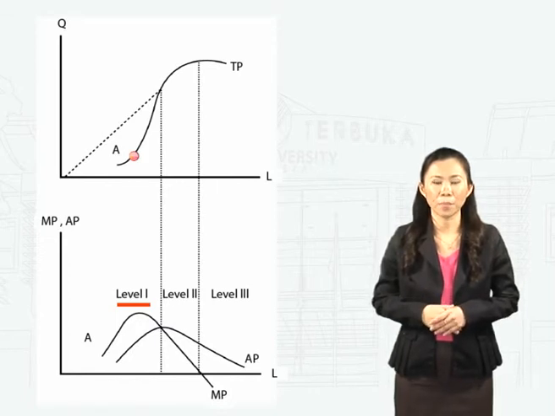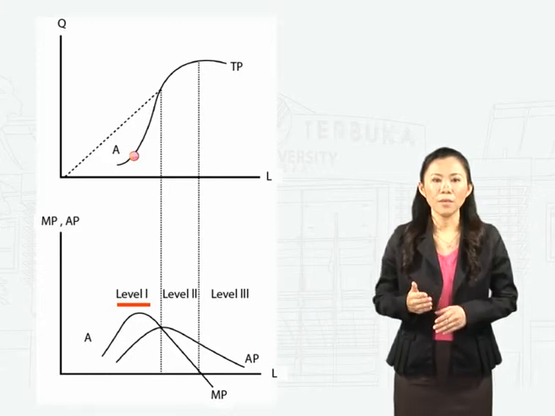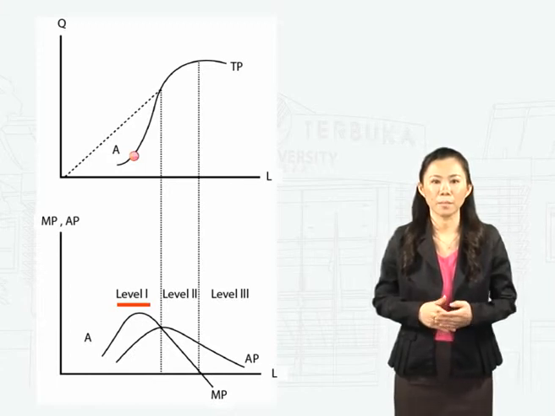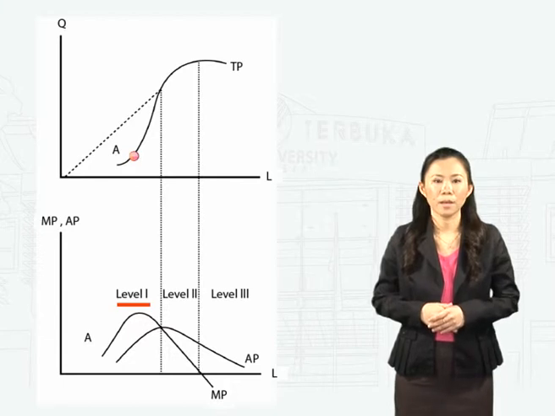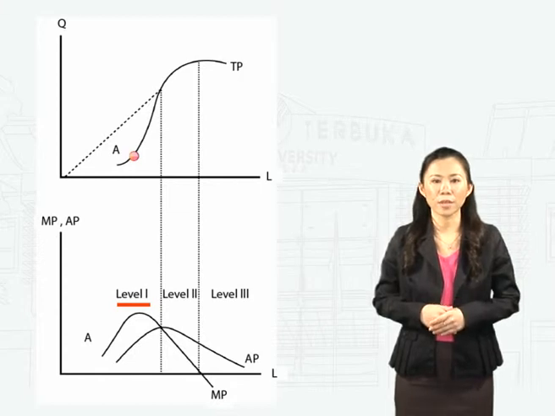At this level, both the average product and marginal product are positive. Since the marginal product exceeds average product, AP increases. Level 1 is an irrational production level because AP can always be increased by adding labor. Increased return to fixed input also occurs at this level. Therefore, rational producers will not operate at this level.